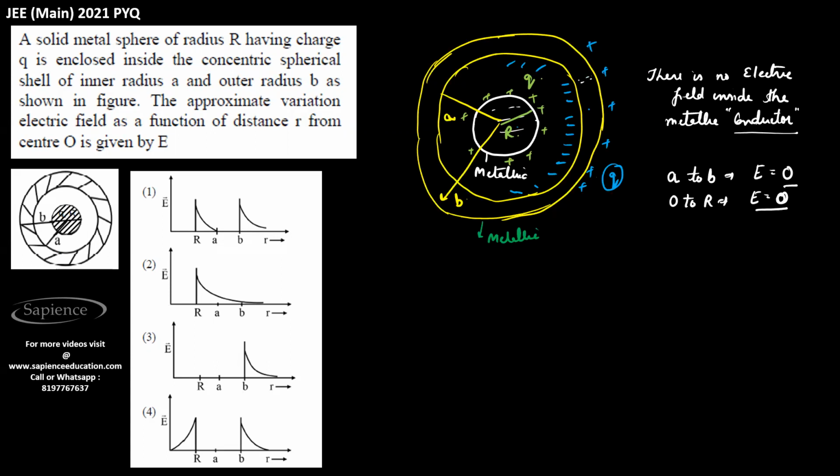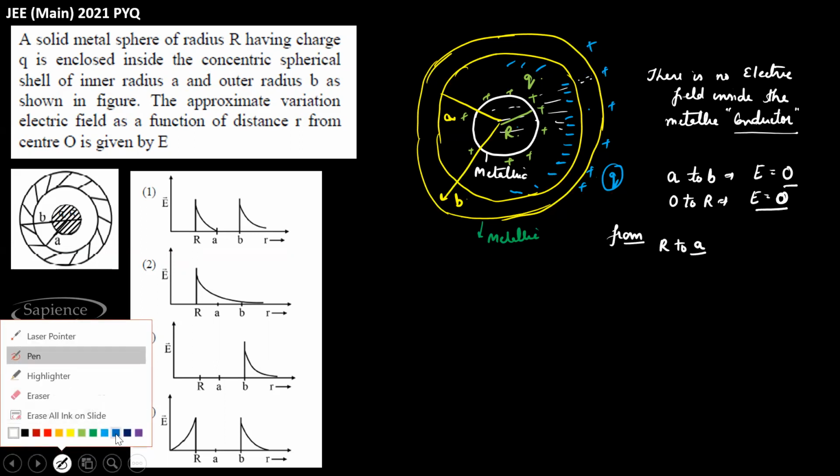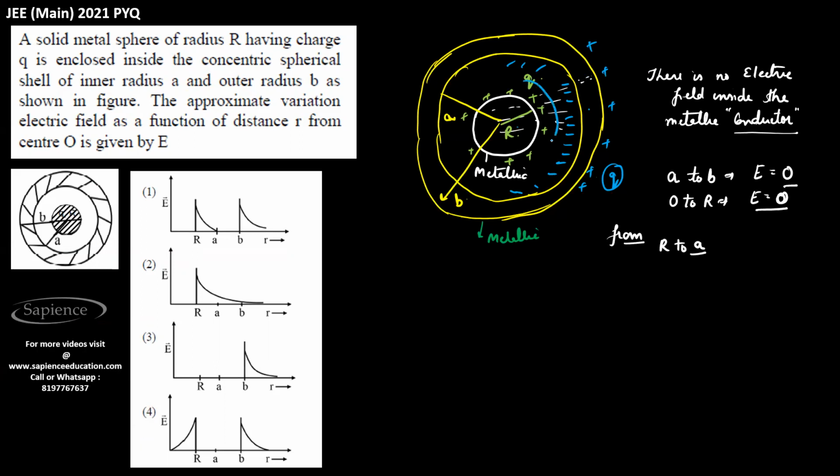Now we have to calculate the electric field from R to A. That means I am talking about this region. So let's take a Gaussian surface in this region at a distance of x.